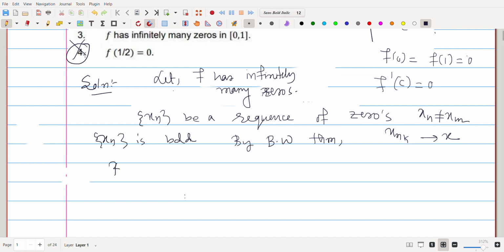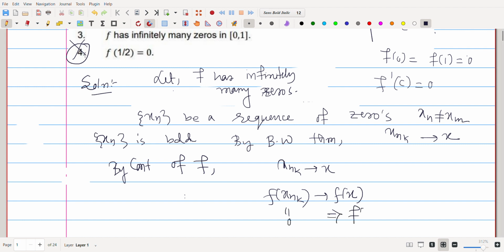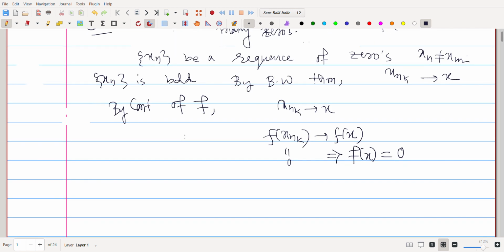Now by continuity of f, since x_{n_k} converges to x, f of x_{n_k} converges to f of x. Now f of x_{n_k} equals 0 for all n_k, so this implies f of x equals 0. That means in particular x is also a zero of f.